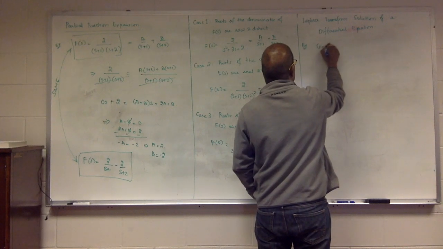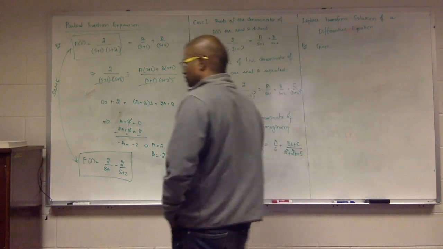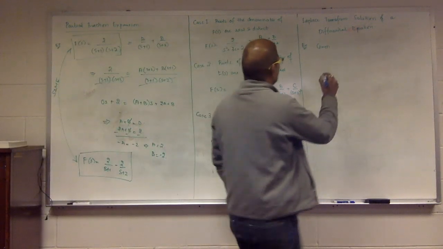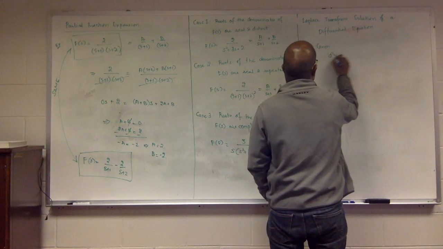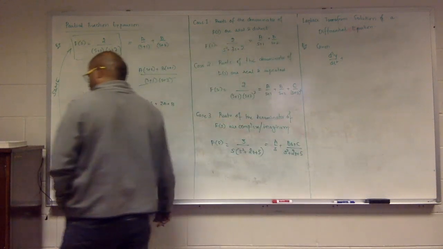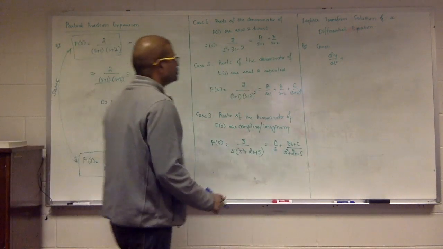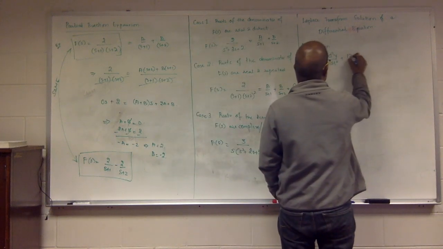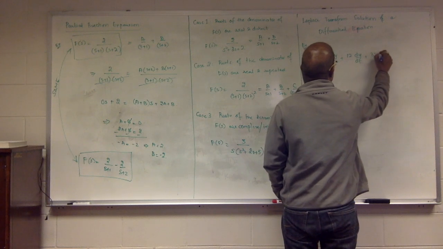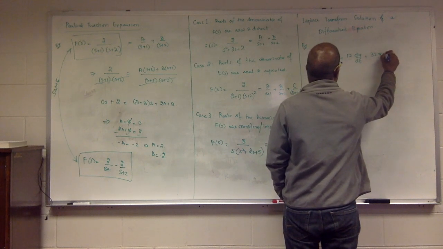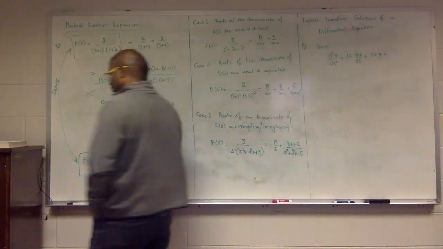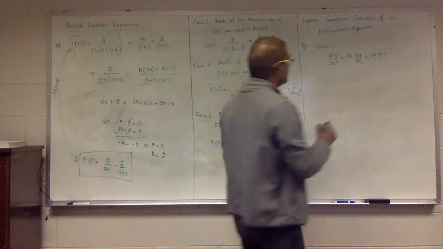Given d squared y by dt squared plus 12 dy by dt plus 32 y equal to 32 u of t.